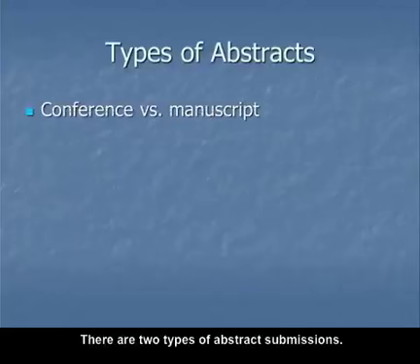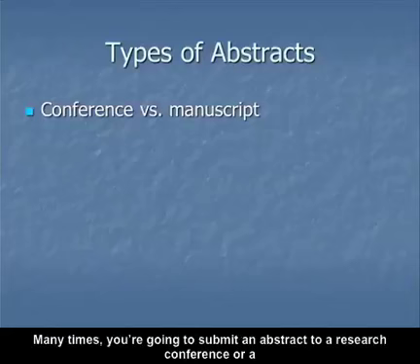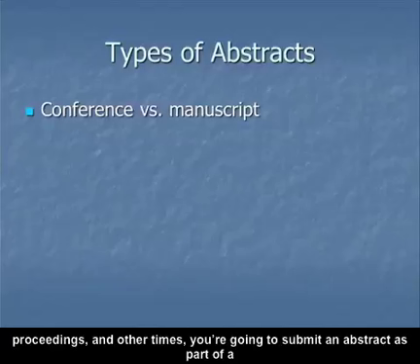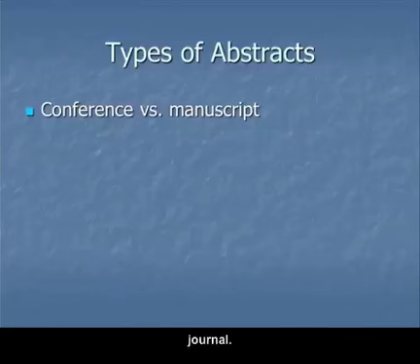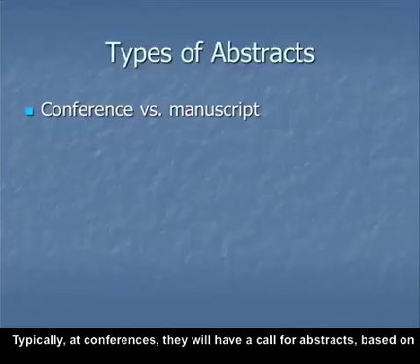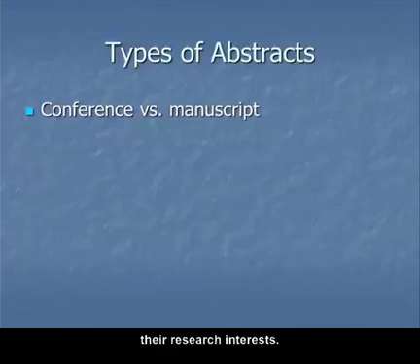There are two types of abstract submissions. Many times you're going to submit an abstract to a research conference or proceedings, and other times you're going to submit an abstract as part of a research report or a case report that you're submitting to a professional journal. Typically at conferences, they will have a call for abstracts based on their research interests.